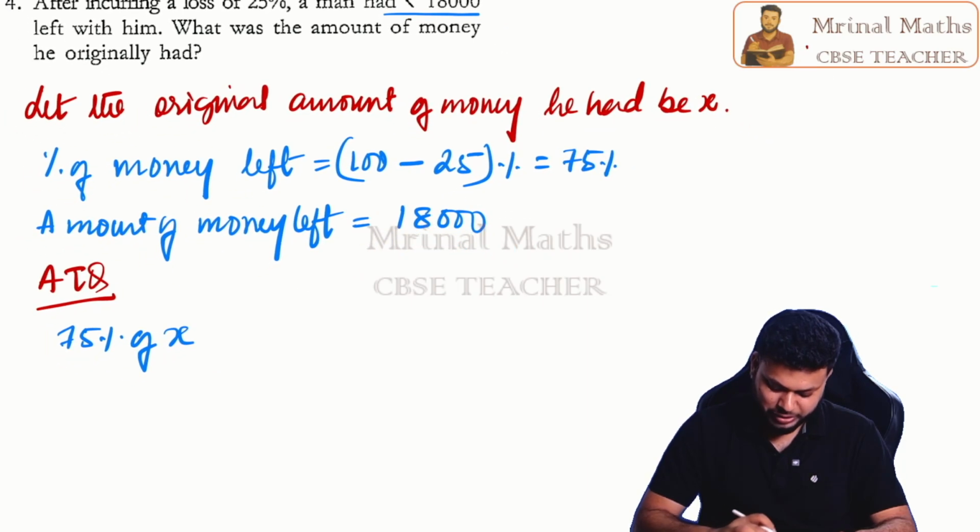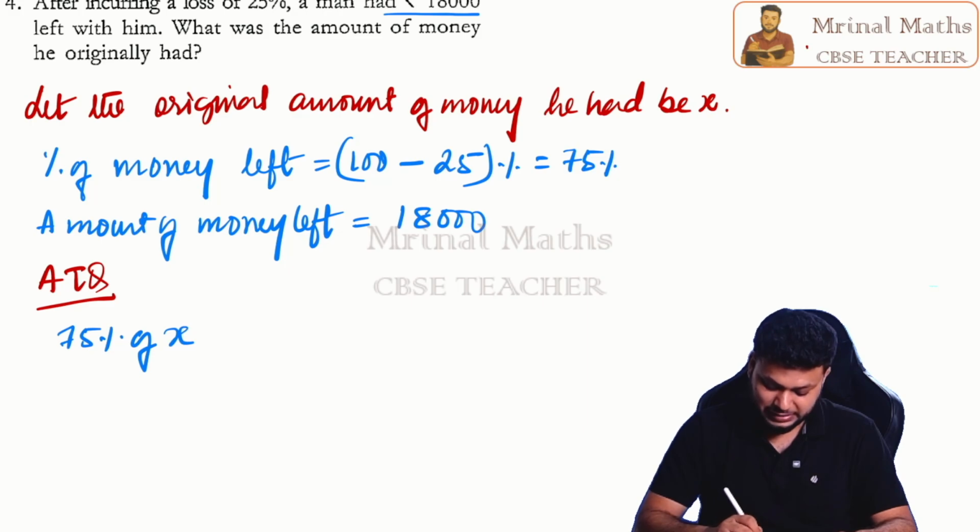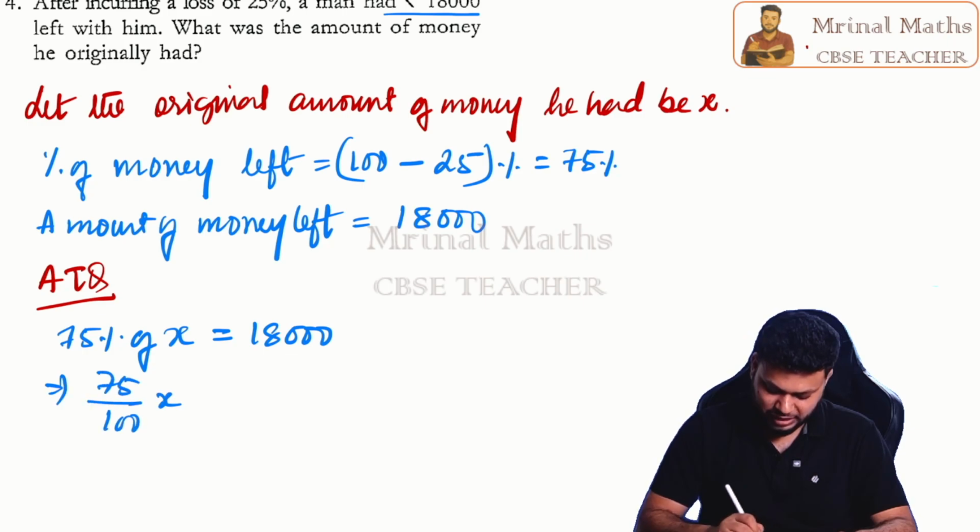So, 75% of X means the remaining money of X is equal to 18,000 rupees. So, 75 by 100 X equals 18,000.